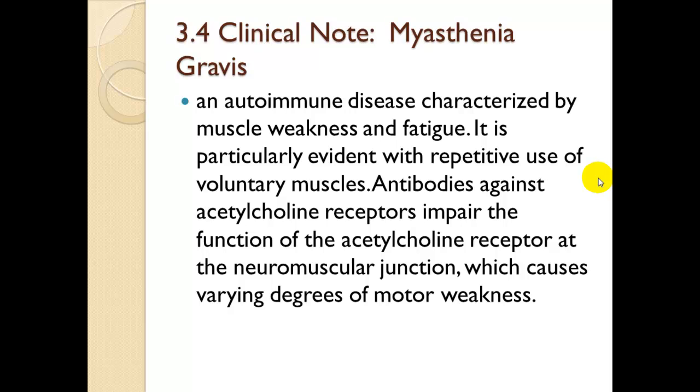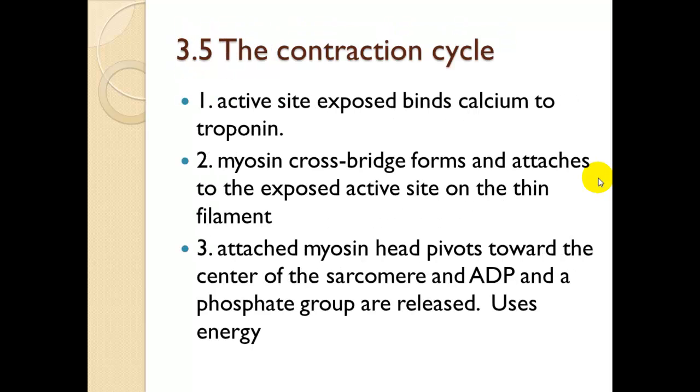Antibodies against acetylcholine receptors impair the function of acetylcholine receptors at the neuromuscular junction, which causes a varying degree of motor weakness. So any type of drug that would adjust acetylcholine or parasympathetic innervation or parasympathetic stimulus would have a grave effect on a patient with myasthenia gravis.